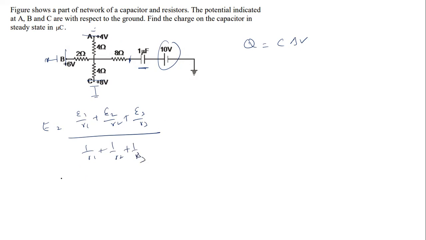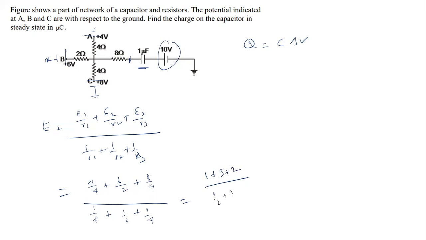Substitute: 4 by 4 plus 6 by 2 plus 8 by 4, divided by 1 by 4 plus 1 by 2 plus 1 by 4. You do it, what you get here: 1 plus 3 plus 2, divided by 1 by 2 plus 1 by 2. Here you will get 6 volts.